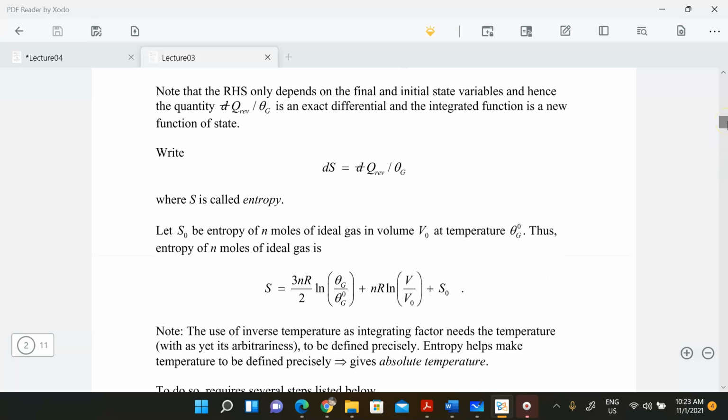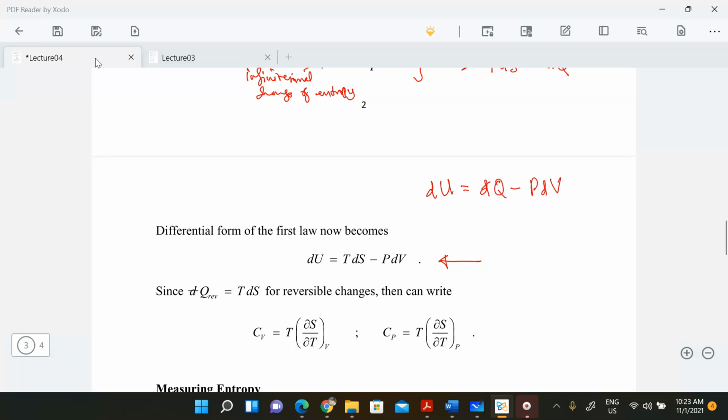Oh, that must be in the first lecture. Never mind. The heat capacities are given by something like the amount of heat at the temperature T, right?